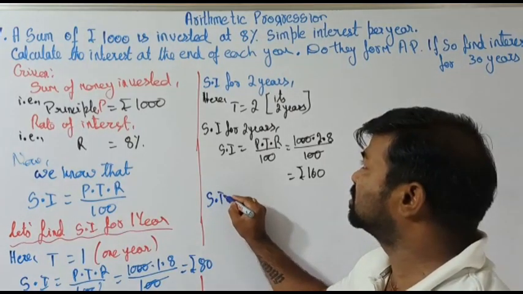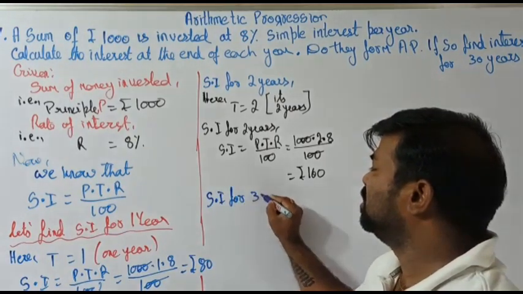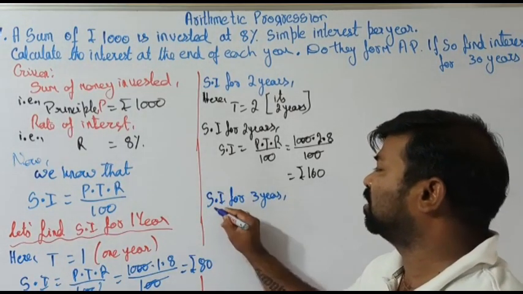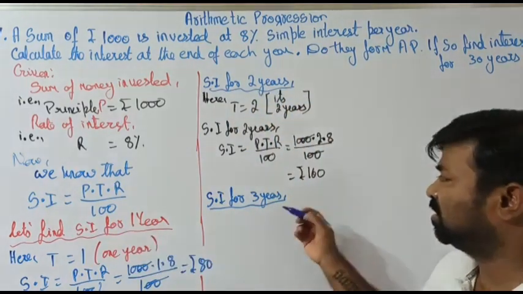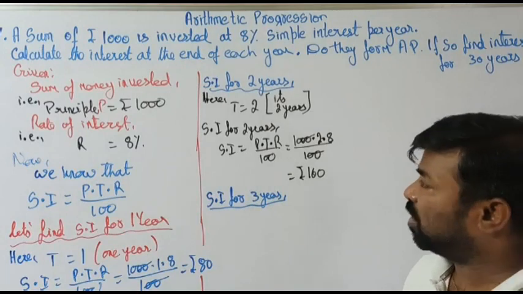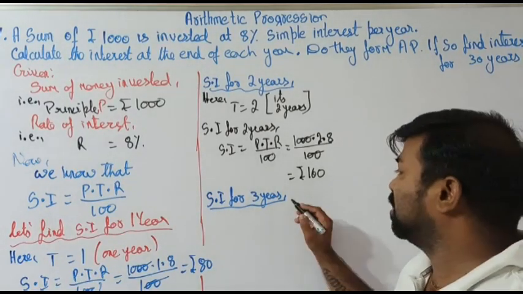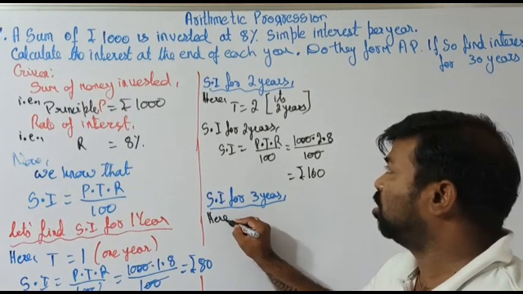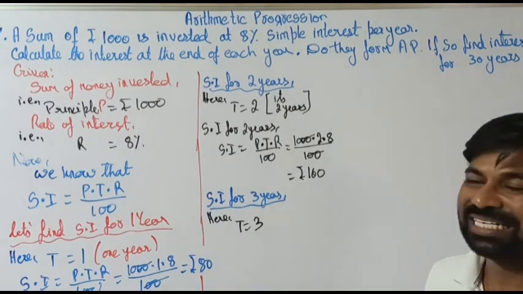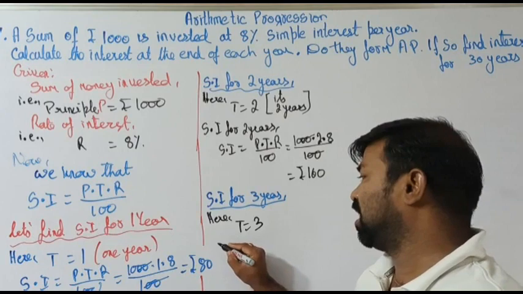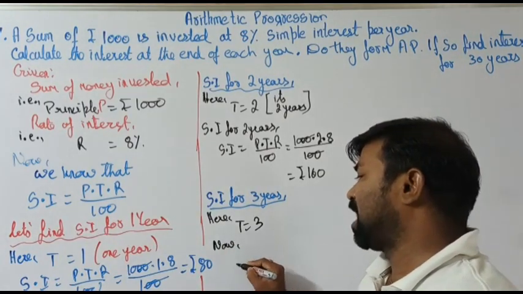Simple interest for 3 years. Let's calculate this. This is for 2 years, this is for 1 year, and this is 3 years. Now we have to remember here that the time period is equal to 3. Why? Because we are calculating for 3 years.